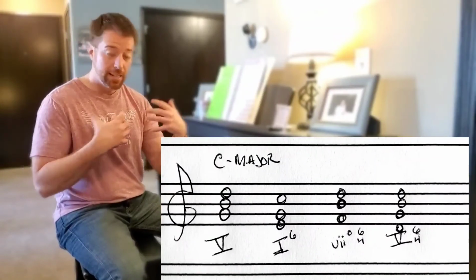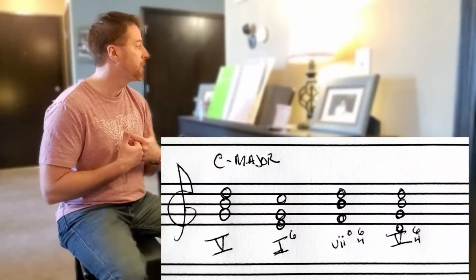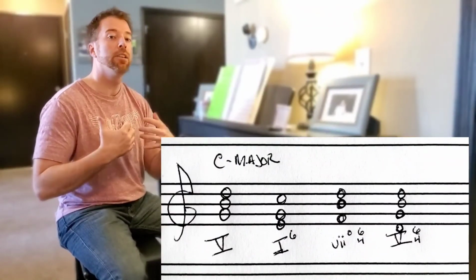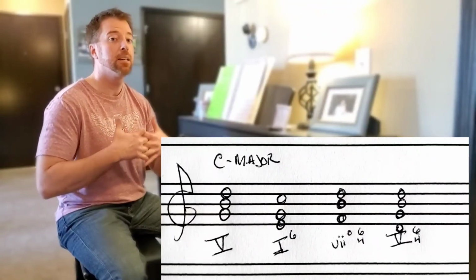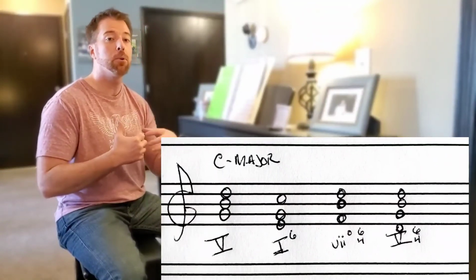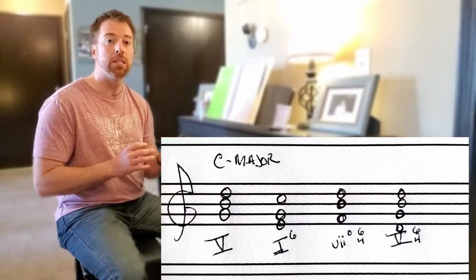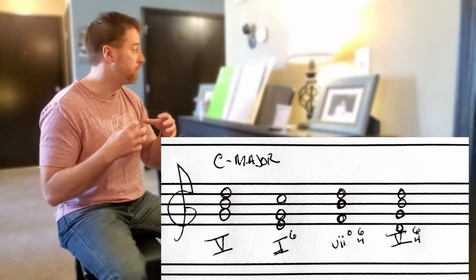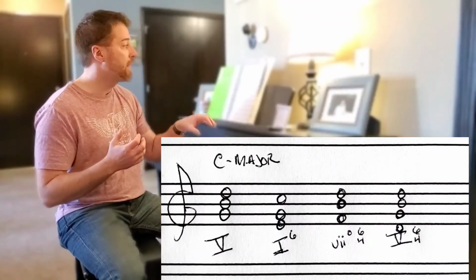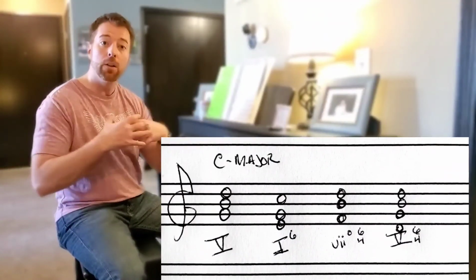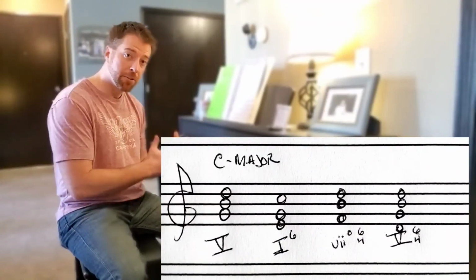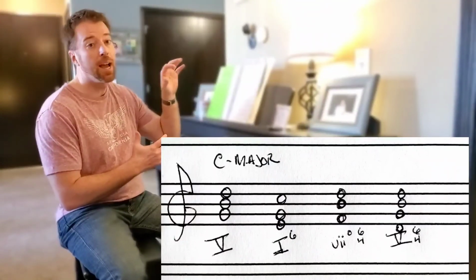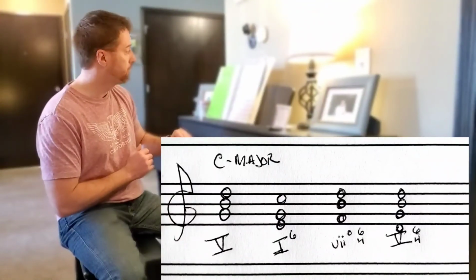I want you to hear how this is going to be a more pleasant movement in our progression when we're writing music than if we were to just play these in blocks and in the root position. So I'm going to play 5, 1, 7, 5, but all in root position. I'm going to play that first, and then I'm going to play what I have up here on the screen. So here we go.